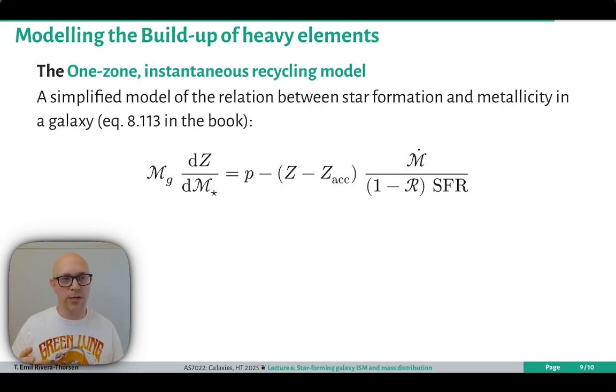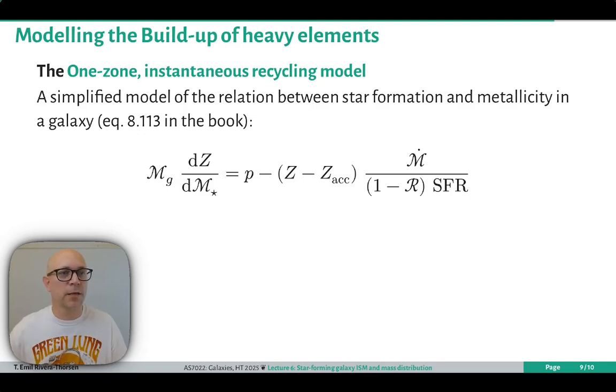As you can see from the name, this one contains two major assumptions. The first one is that there's one zone in the gas, which means that all the gas that we're looking at has one temperature, one density, and one metallicity. We're not talking about a gas with varying metallicity or varying properties in other ways.